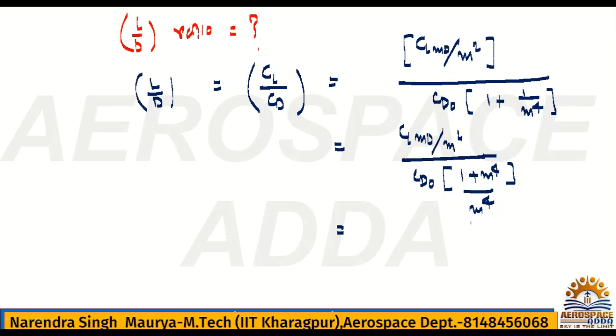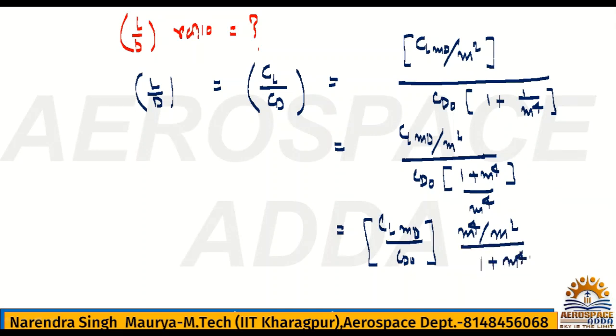Or what value you can write here? Simple, you can replace this value with the help of this simple calculation. You can write CL MD by CD naught, and here what you may get is m power 4 by m square divided by 1 plus m power 4.